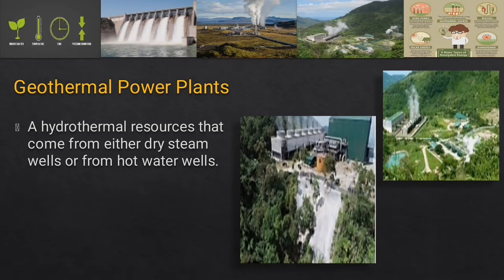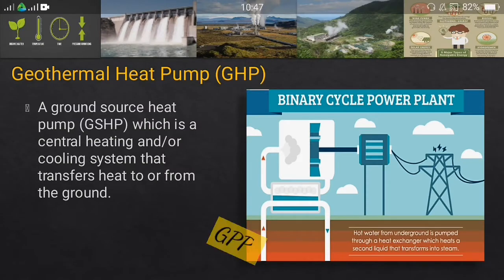These are the main types of geothermal energy plants that generate power in slightly different ways. A geothermal heat pump is a ground source heat pump, which is a central heating or cooling system that transfers heat to or from the ground.